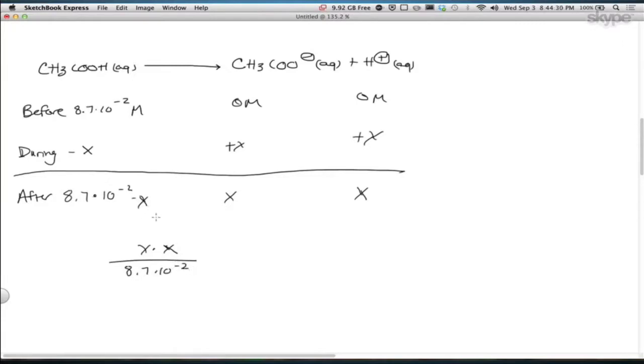Do you want me to write out minus x? You can just explain what you're doing. Why would you leave out the minus x? Because it's so insignificant. Yes, as an approximation. That's fine.